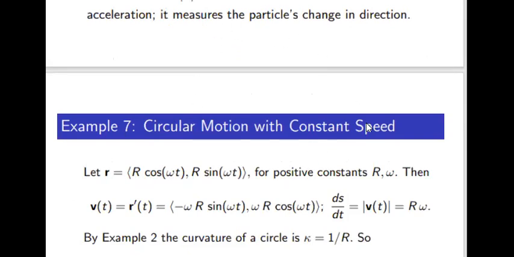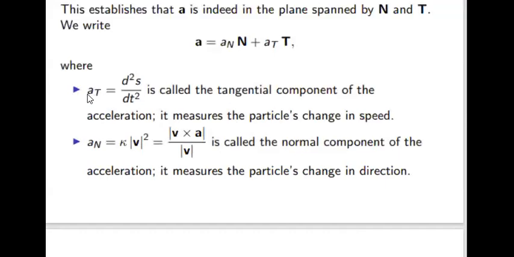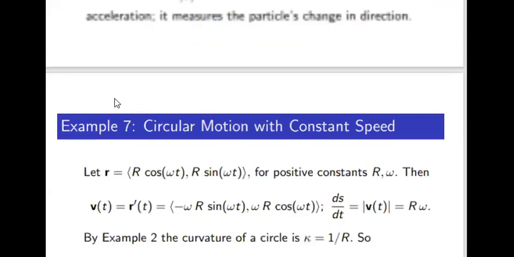In A-level physics, I think they discuss circular motion, where they find the tangential acceleration as well as the normal acceleration.